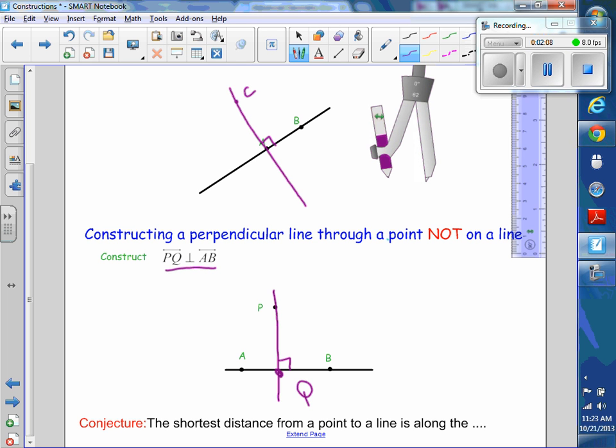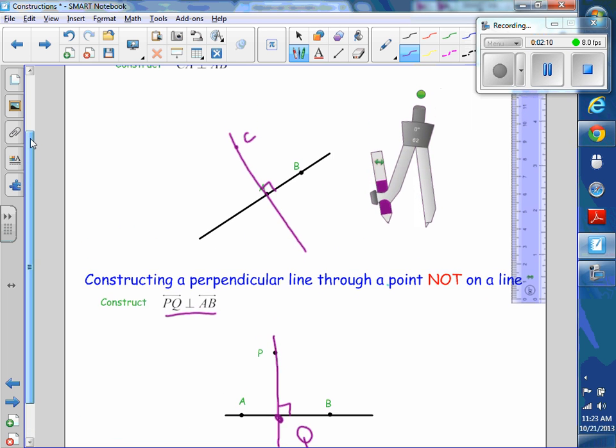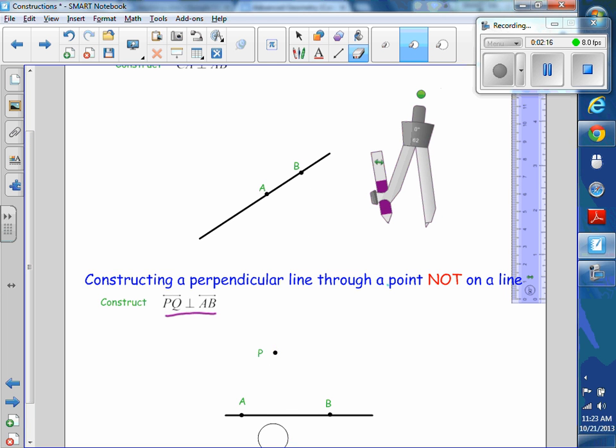In the first one, the point is on the line. Point A was on the line. In the second one, the point's not on the line. Point P is off the line. Those are your reference points. Does that make sense?